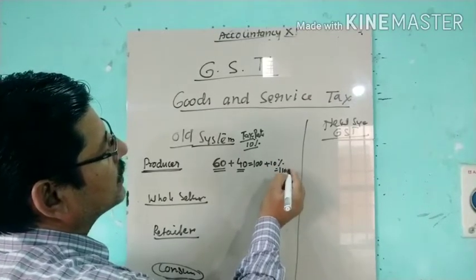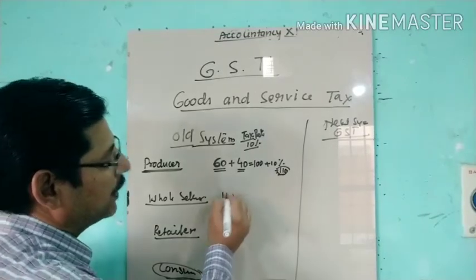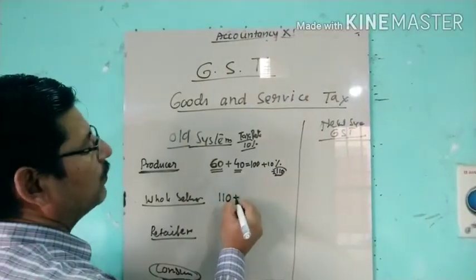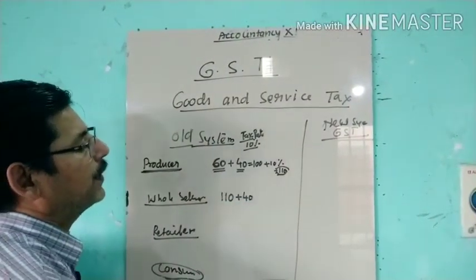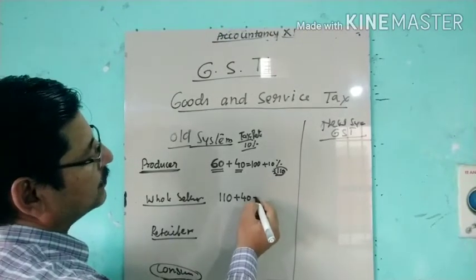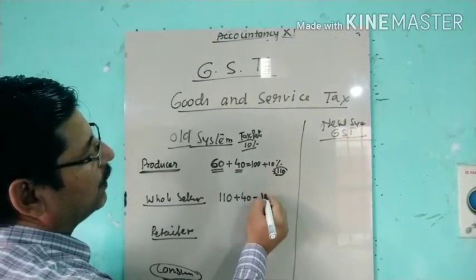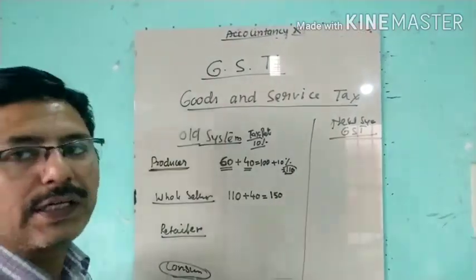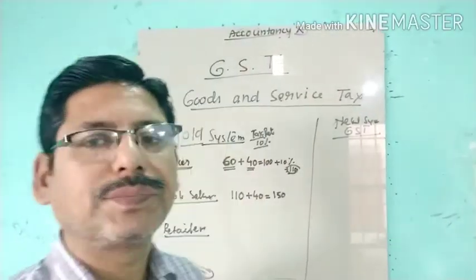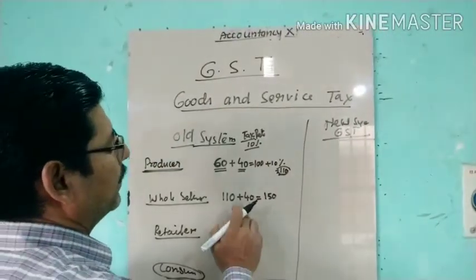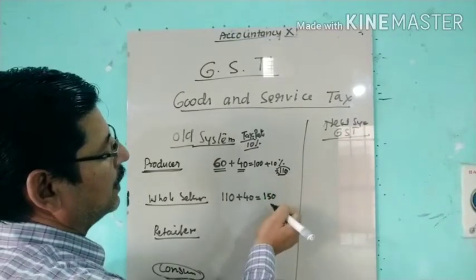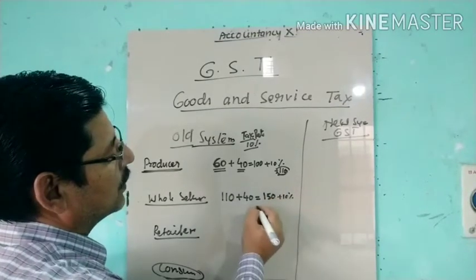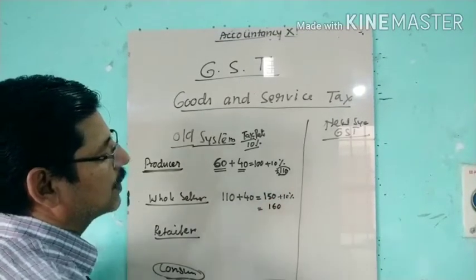This 110 is the sales price. The wholesaler used to buy the goods at 110, and now he wants 40 rupees profit in this, so the value is 150, and then it again charges 10% tax on this, so this is 160 rupees.